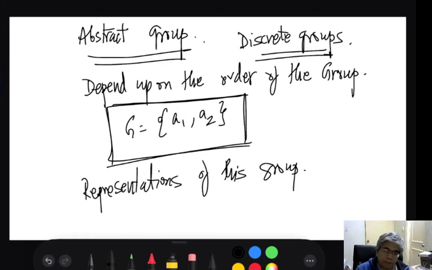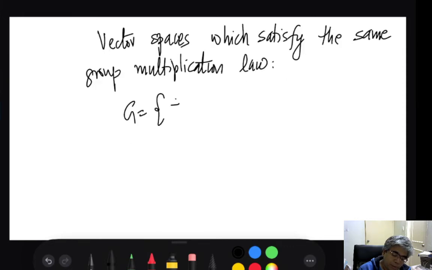What is the inverse of 1? 1 square is equal to 1, minus 1 square is equal to 1, and 1 into minus 1 is equal to minus 1. So the simplest representation of this G is G equal to plus 1, minus 1.